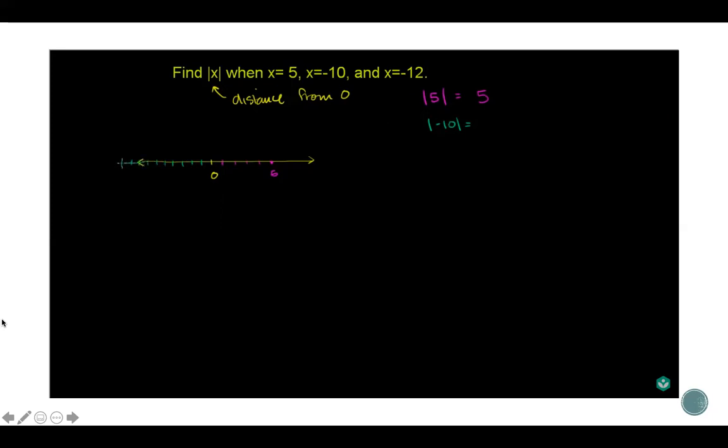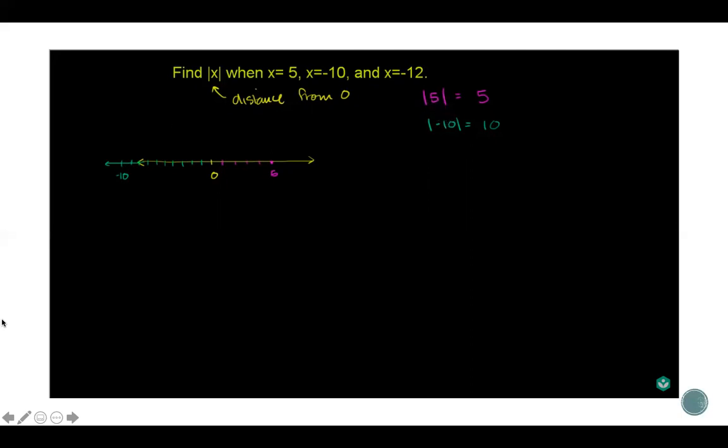I should extend the number line more. So this right here is -10. How far is it away from 0? Well, it's 10 to the left of 0. So you put a 10 here. And so in general, absolute value will always be a positive quantity. When we're thinking about just absolute values of just numbers, it's really the positive version of that number.